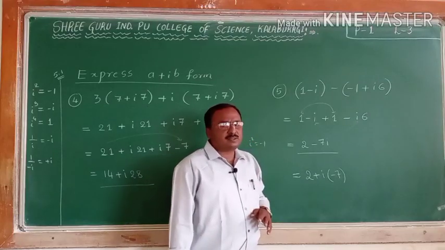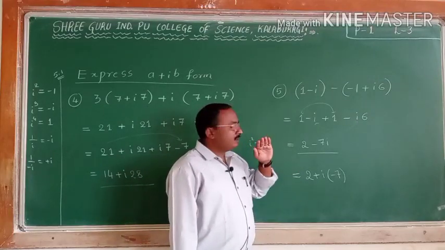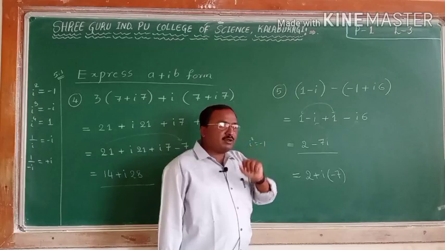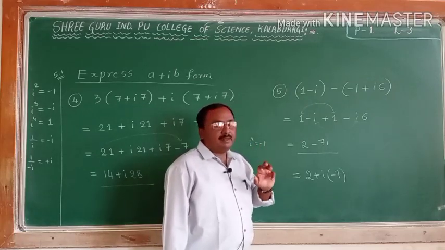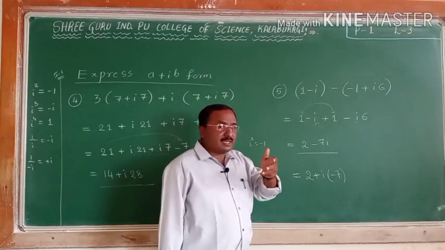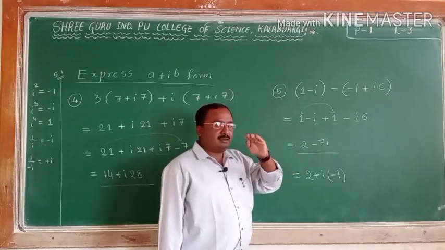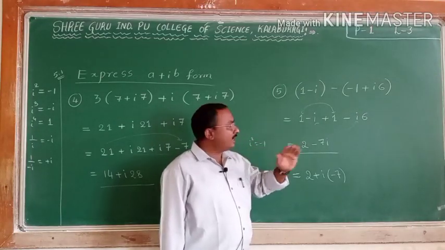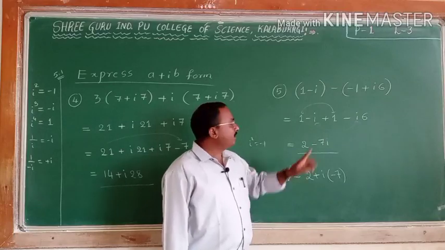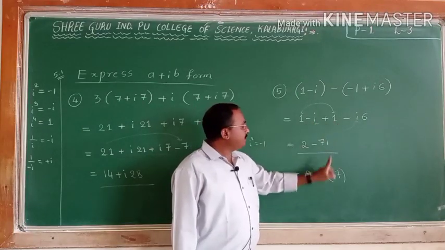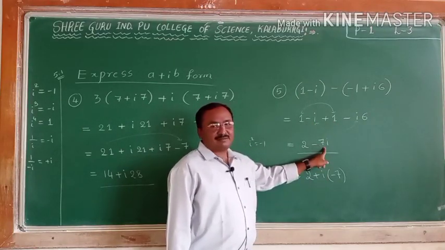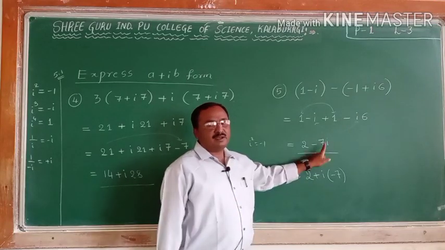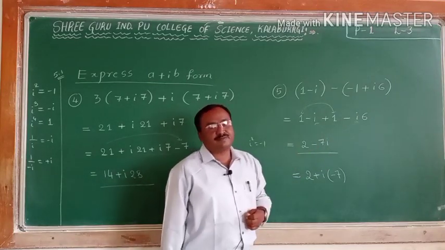Keep in your mind one trick: if the signs are the same, add them and keep the same sign. Minus i, minus 6i, total minus 7i. Same sign, sum. Different signs, the difference.